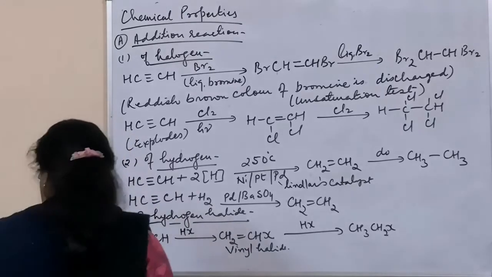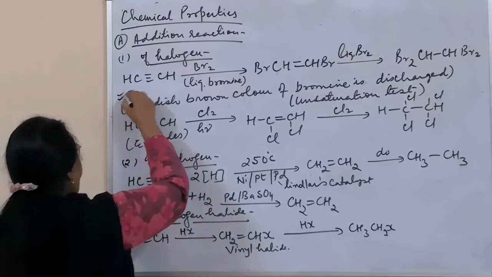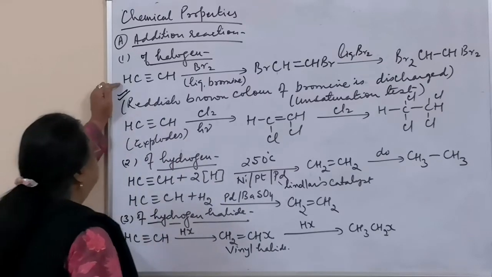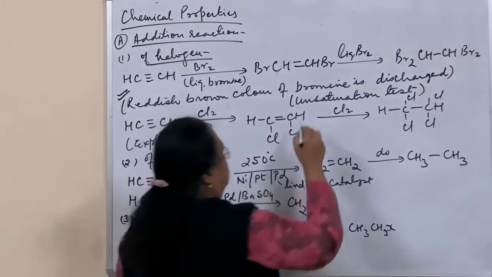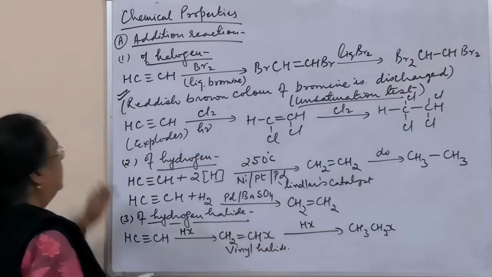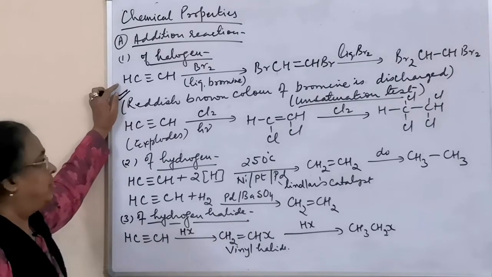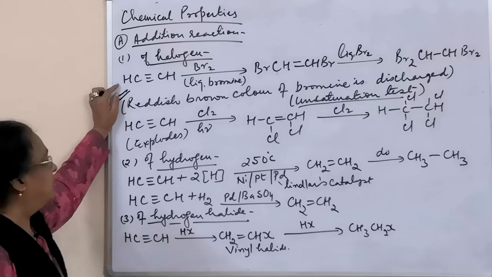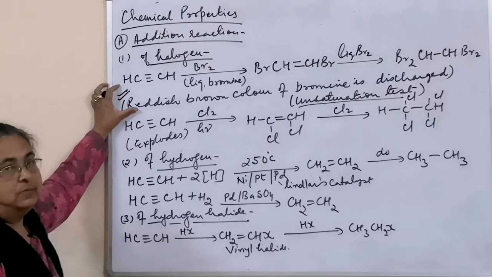But the important thing is that this is a test for acetylene. It is not only a test for acetylene, it is also a test for ethene. That's why I have written this is called the unsaturation test. What is the unsaturation test? When any unsaturated compound like an alkyne or alkene is brought in contact with liquid bromine, which has a reddish brown color, then you will see it becomes colorless.